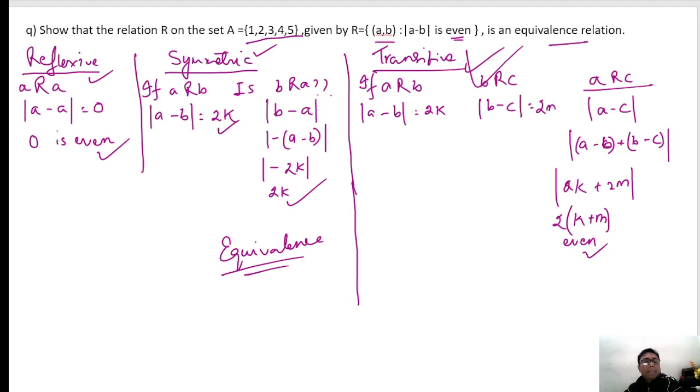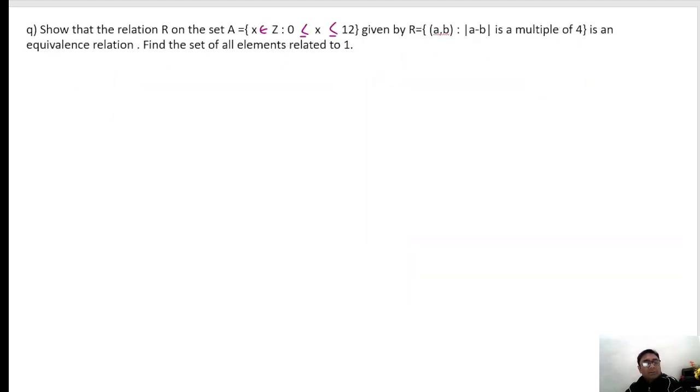Clear? Next, see friends, what is there? Okay, so x belongs to the integer set and x is greater than or equal to 0, less than 12.